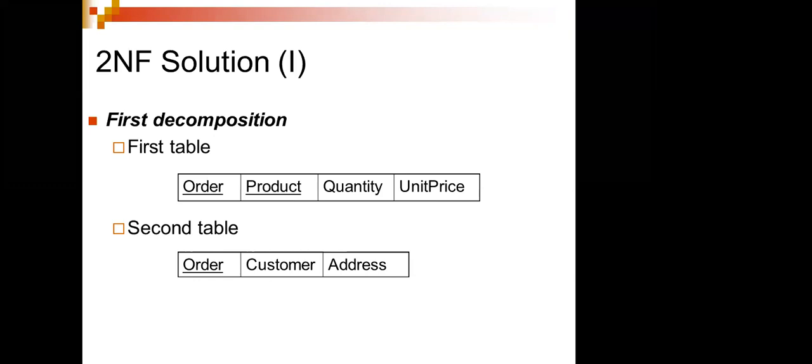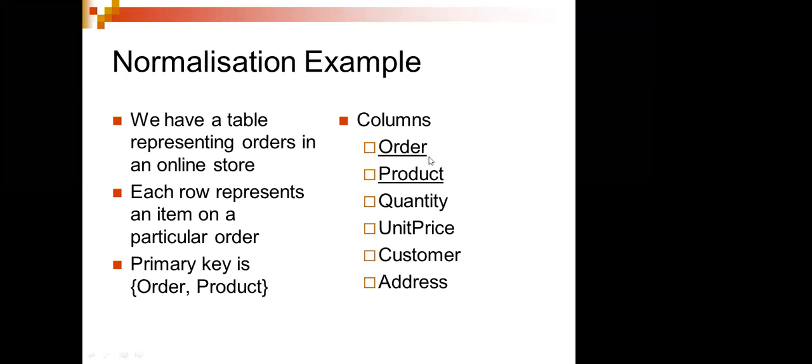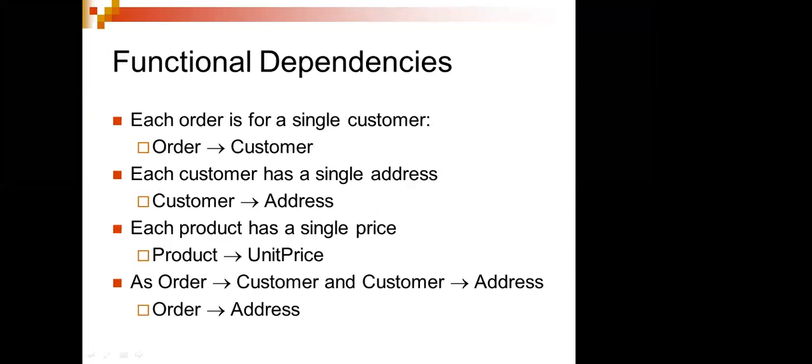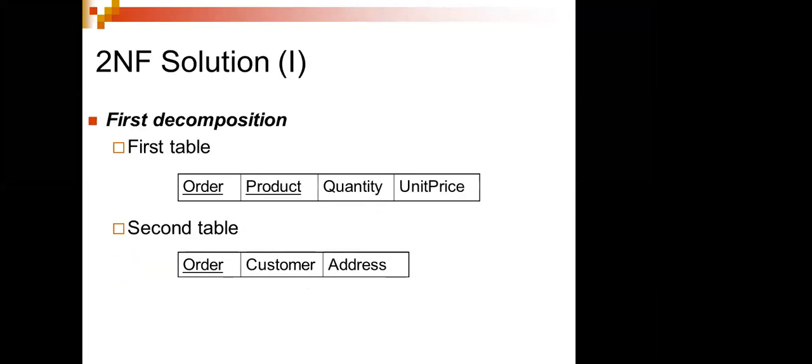So customer, address, and order have been separated. Instead of creating everything in a single table, I split it. To split this table, first I have to identify the functional dependency, then split the table. Now this is the second solution, that is, from the first normal form I'm moving to the second normal form.